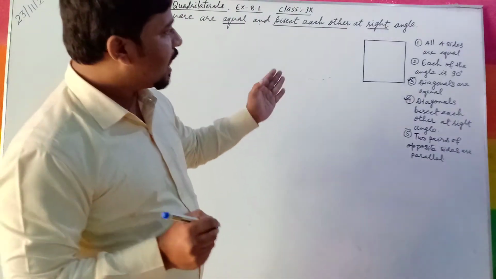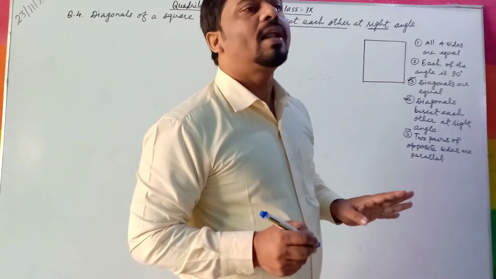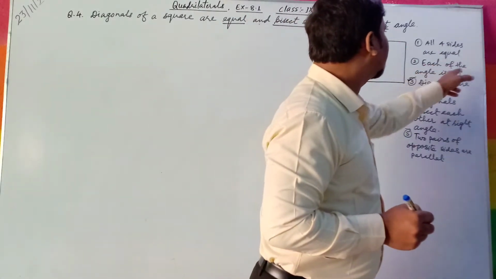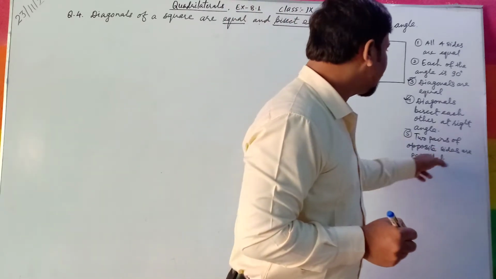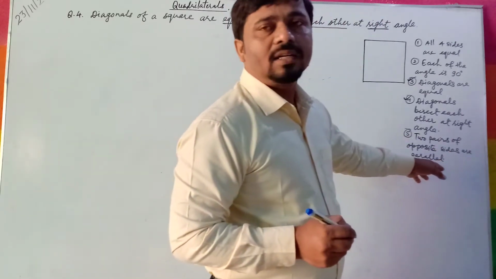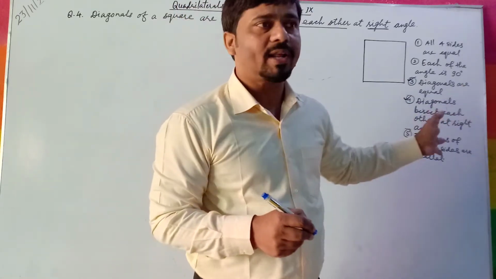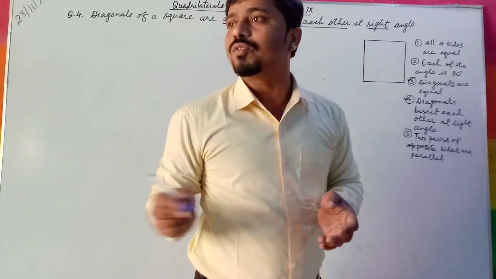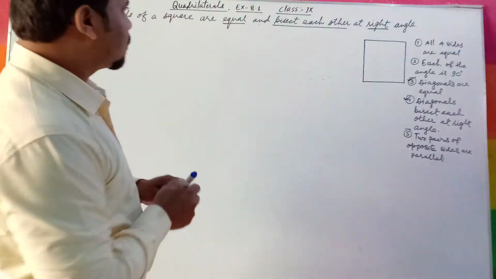Understand? Means all sides are equal we can take, each of the angles is 90 degrees that also we can take, and two pairs of opposite sides are parallel, these also we can take. So these three properties we can take as evidence for proving this question. Clear? So let's start.